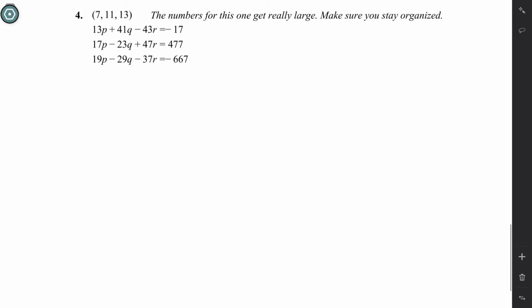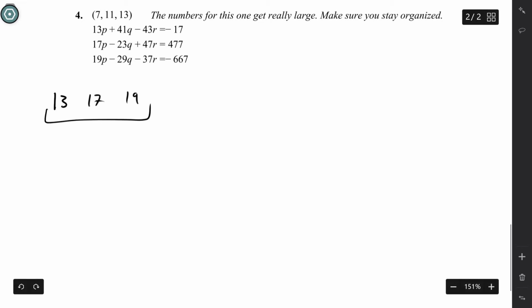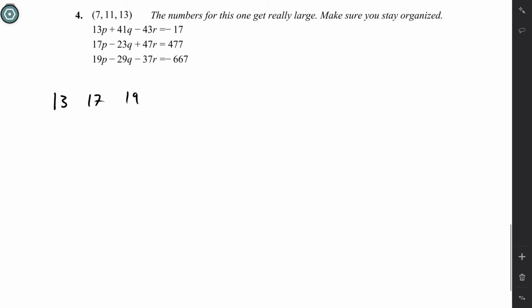Now, finding a coefficient that is going to equal these can be kind of tough, but if you realize something, if we take just the numbers 13, 17, and 19, those are the ones that we're working with. These are all prime numbers, and I picked these on purpose so that it would have to get large. It kind of forces the equation to just grow exponentially.